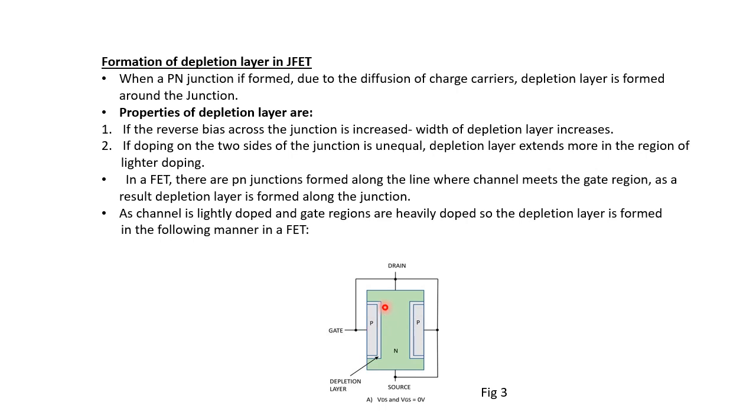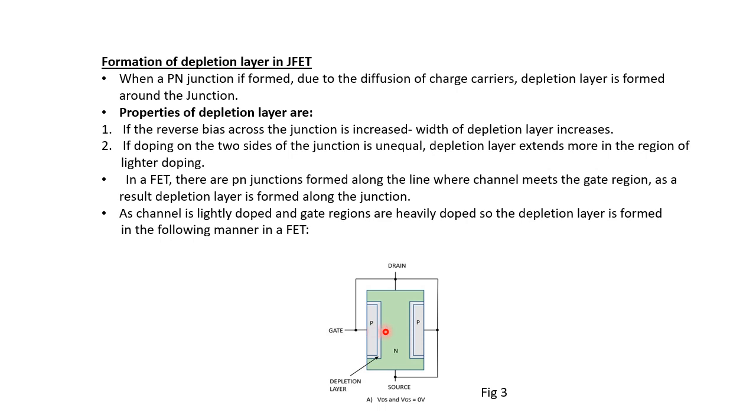As there is a junction of P side and N side or N type of the semiconductor, so along the junction line of the P type and N type semiconductor, a depletion layer will be formed on both sides of the junction. This is the junction line. Depletion layer will be formed on the gate side as well as on the channel side.